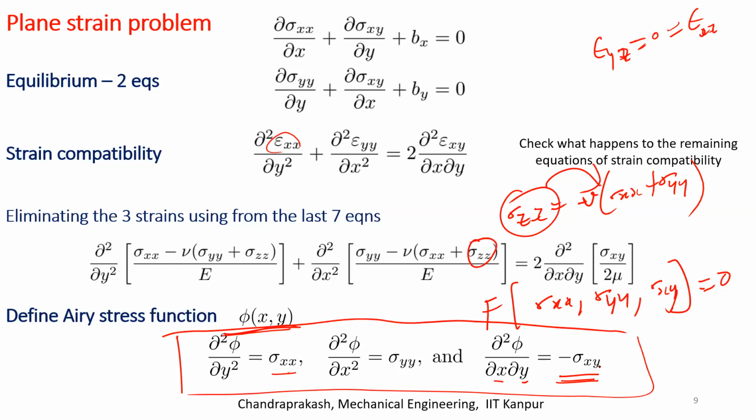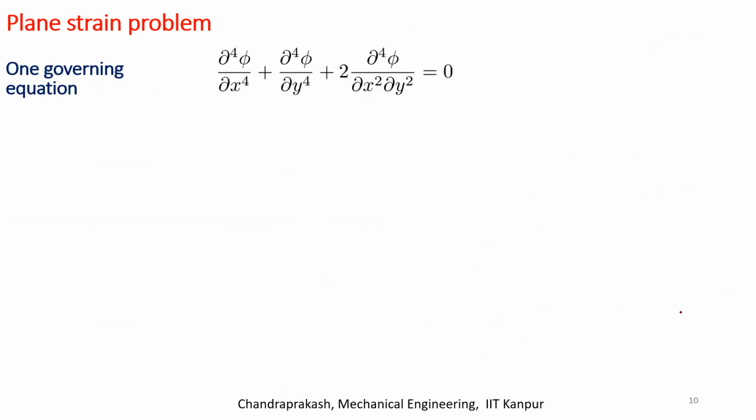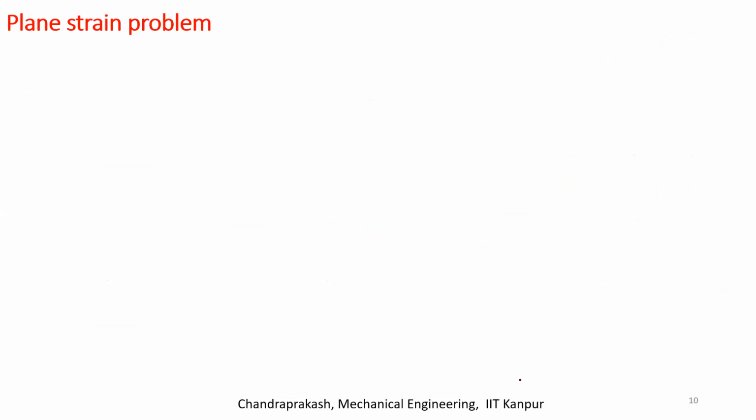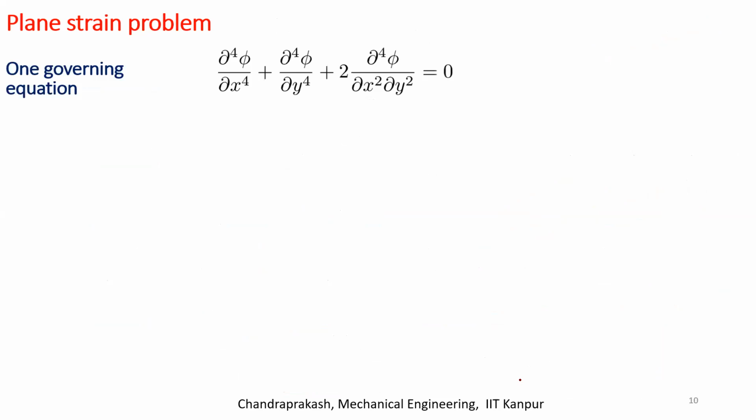Then you substitute these in this function, and you do that algebra. The algebra is not difficult. You eliminate sigma zz in terms of sigma xx and sigma yy and use these definitions. You should end up with this equation. I have done this derivation already, and this is where you end up.